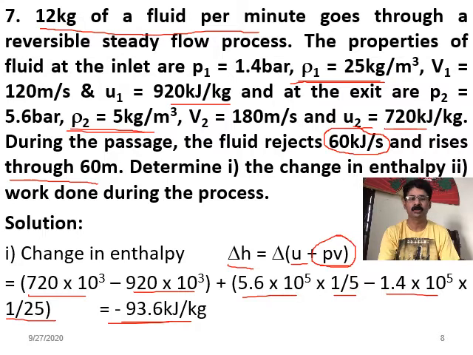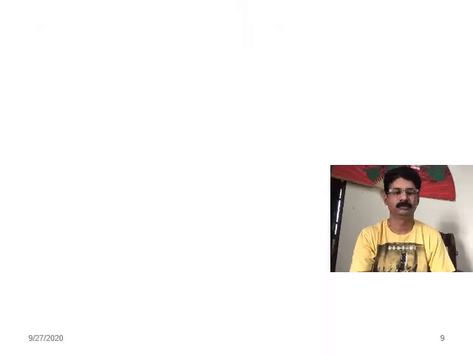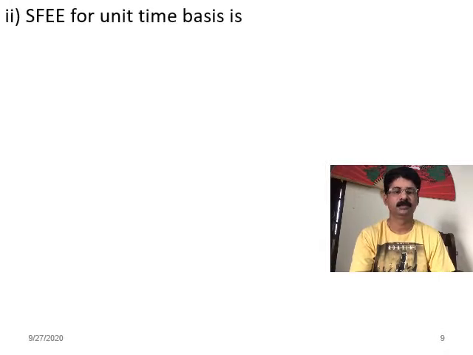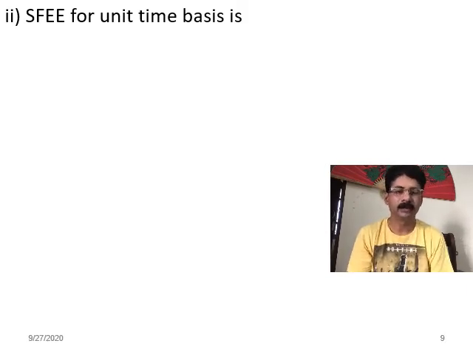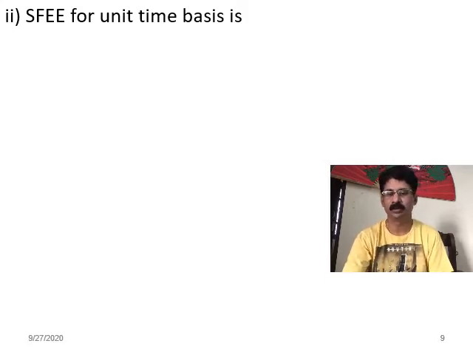Now we'll move on to the next part. Let us find out the work done during the process using the steady flow energy equation. The steady flow energy equation can be used on a unit time basis or per kg basis. That's very important here, so all of you have to understand this carefully.